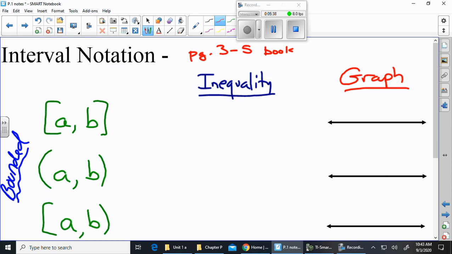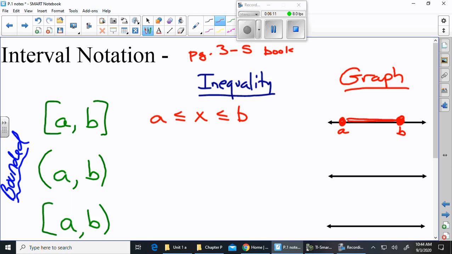So because you have brackets, that's saying A is less than or equal to X is less than or equal to B. I'm talking about a number between A and B, and it can equal A and B. On a graph, that would be A to B with solid dots. That would be the inequality for that.